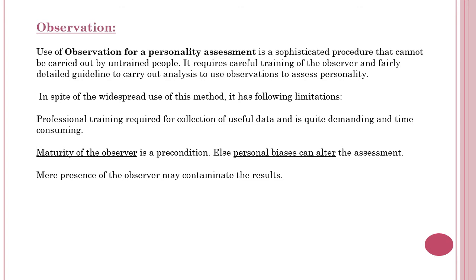That means the person being observed feels that they should behave in a way where others will accept their behavior. So these are actually the limitations, or conditions to be followed.